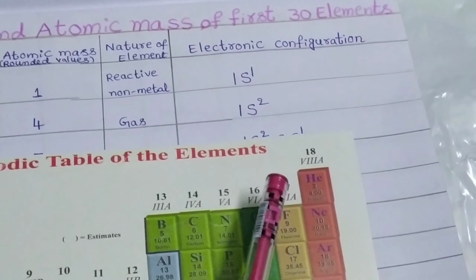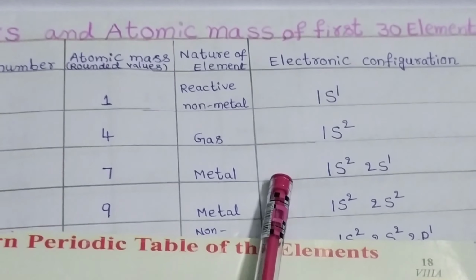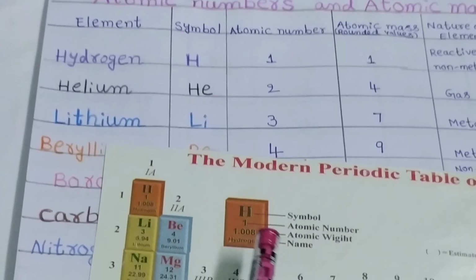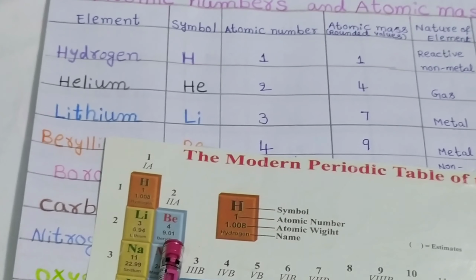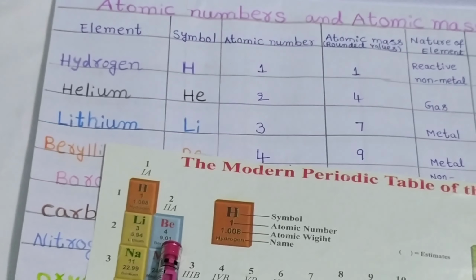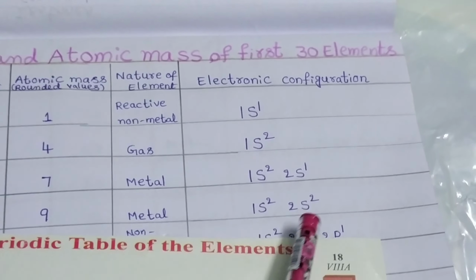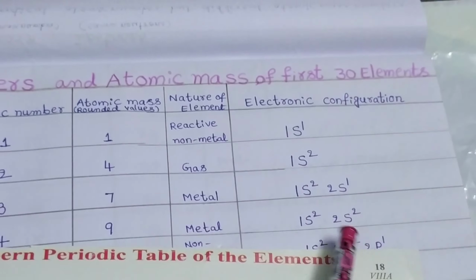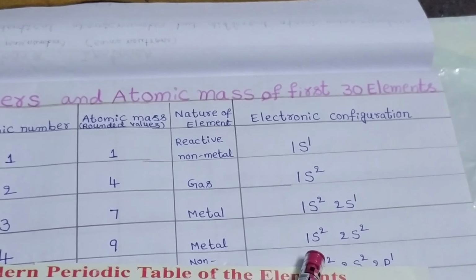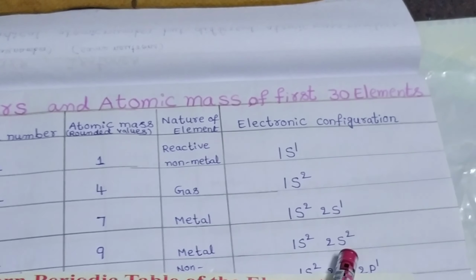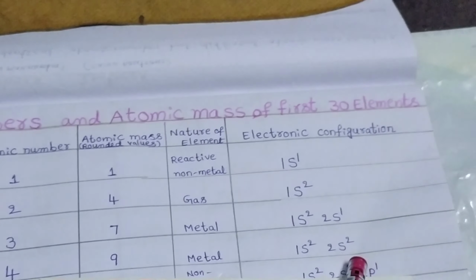So the electronic configuration is written as 1s2, 2s2, because the first 2 electrons are filled in the first orbit and the remaining 2 electrons are present in the second orbit in the s subshell.